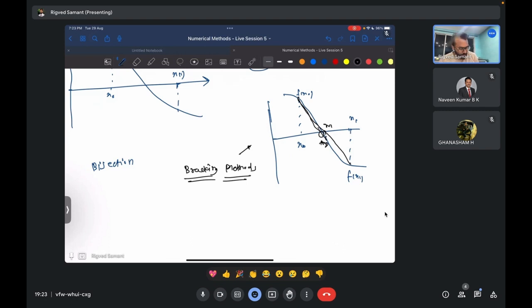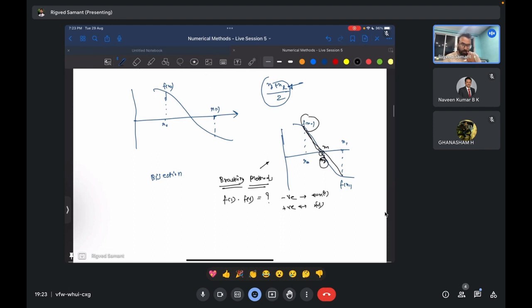You multiplied f of XL by f of the current value and checked the answer. If it's negative, then you replaced it with XR. If it was positive, you replaced it with XL. That's what you did here. A similar approach is there in the second method, but there we don't consider these two things.